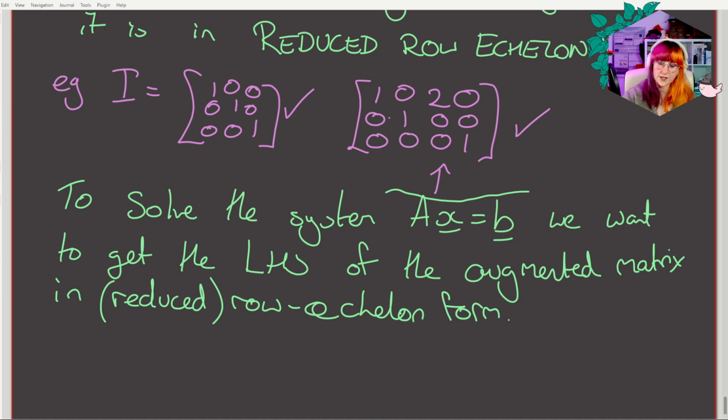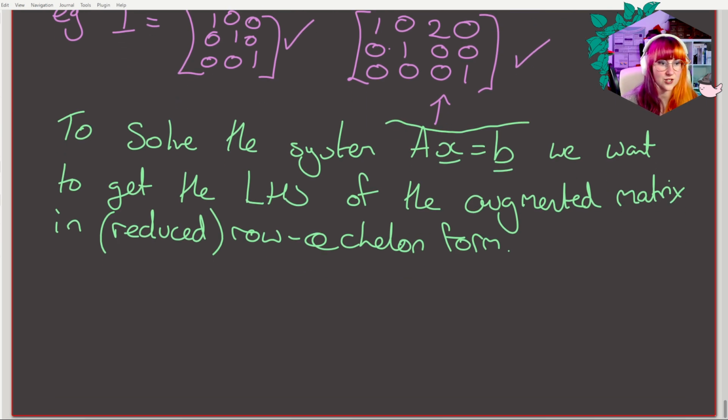Now, we could get it in row echelon form, and that would give us a simpler system of linear equations to solve. And sometimes we can't actually get it in row echelon form, and that will come up in reduced row echelon form, and that might come up in a bit. But the ultimate goal for Gauss-Jordan elimination is to get it into that reduced row echelon form. And that will be nice. That'll be good. So let's do that.